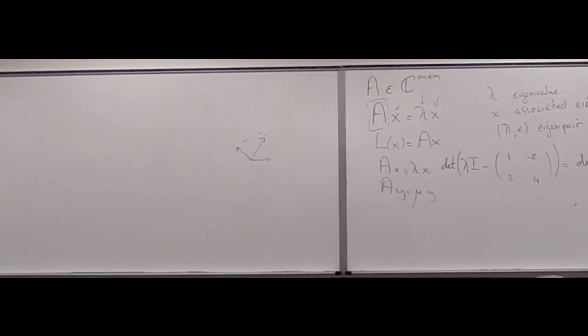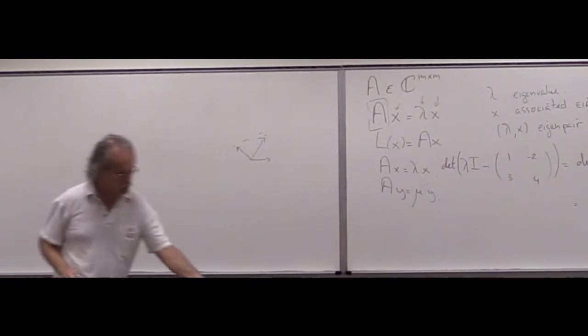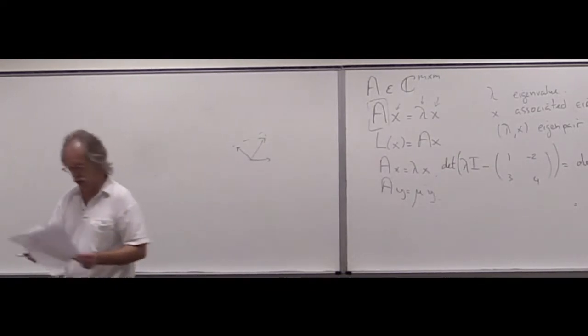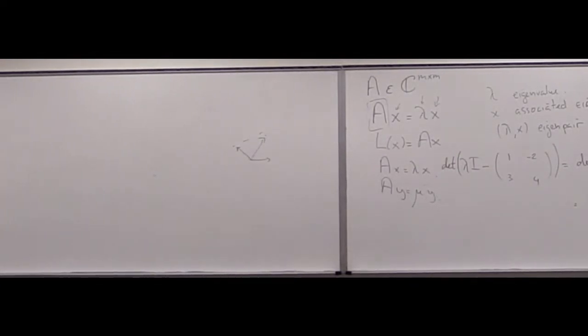We also can define E sub lambda of A, and let's define that to be the space of all vectors x such that Ax is equal to lambda x.